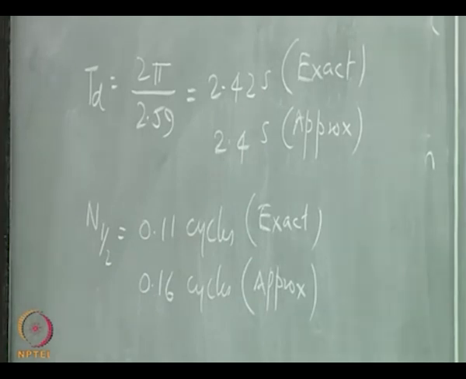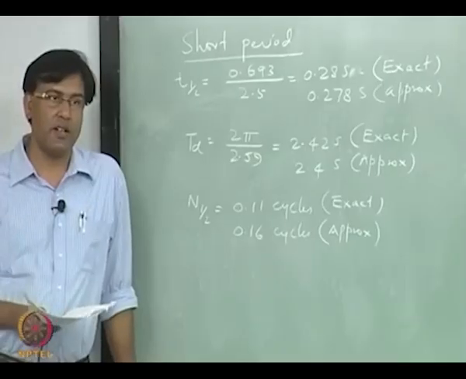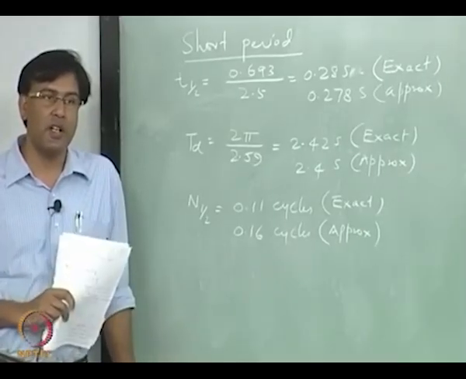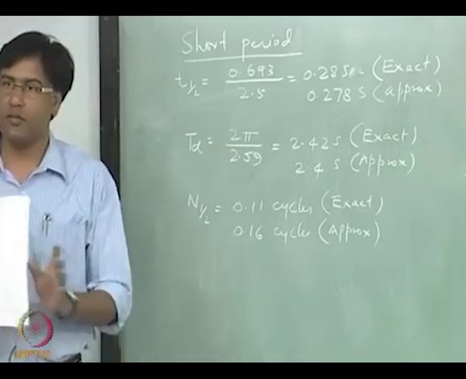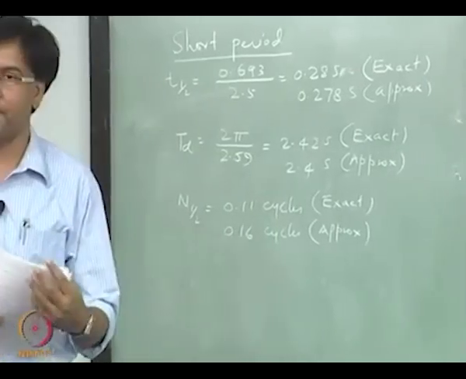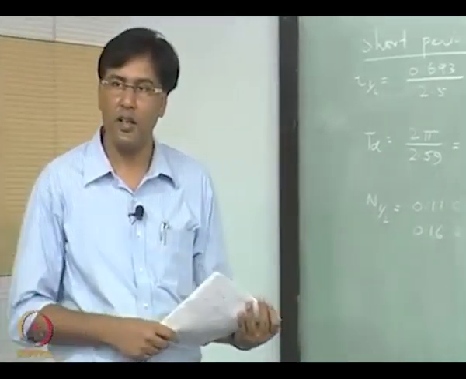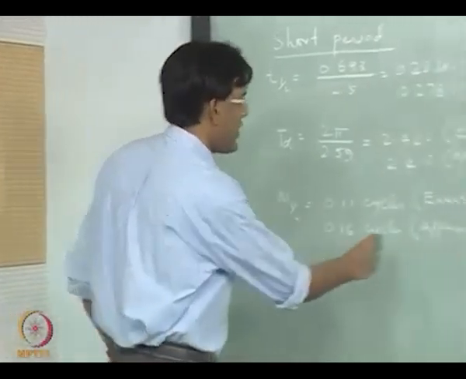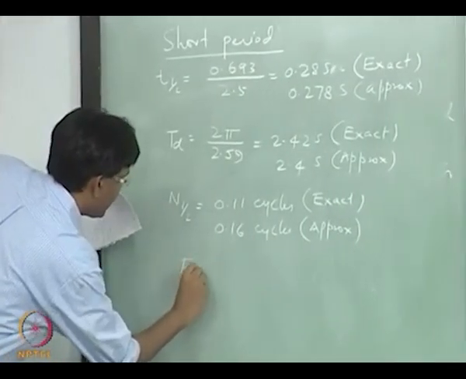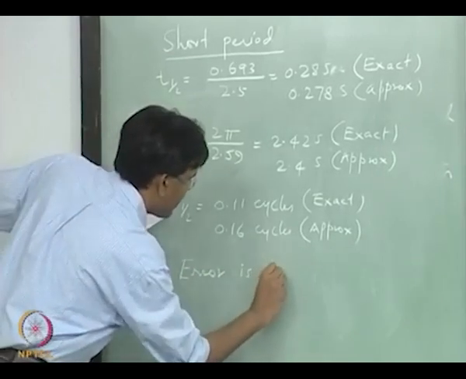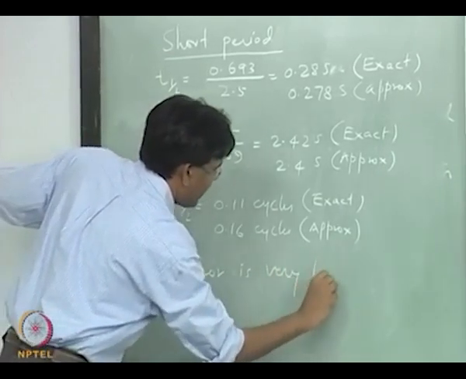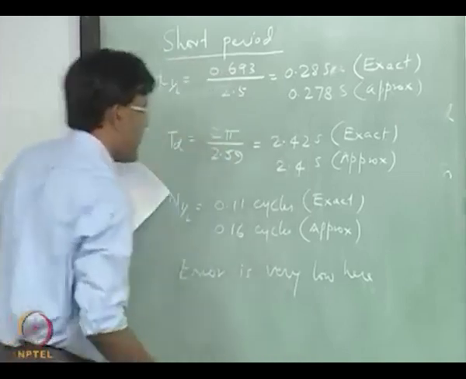So, this is looking very close, isn't it? The assumption that we made while arriving at the approximate formula for the short period mode was quite good, I would say. So, the error is very low here.